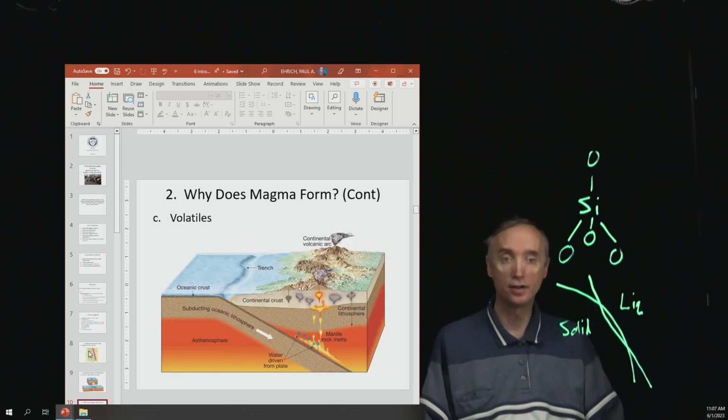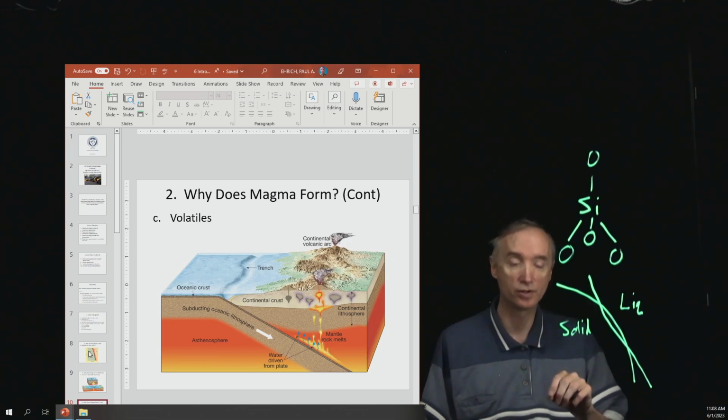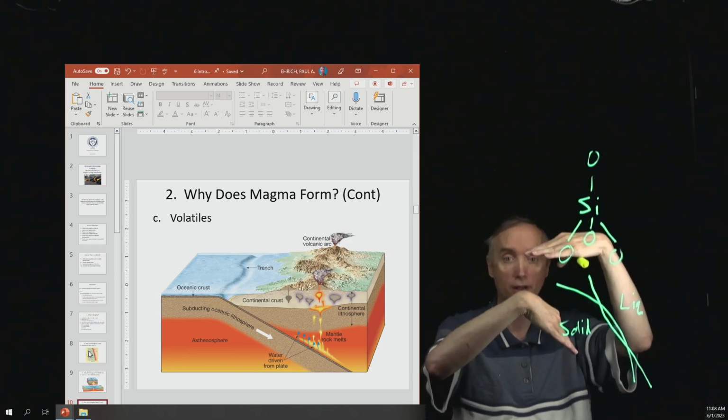Okay, then you've got volatiles. If rocks have water in them, they are going to be more likely to melt. And so the rocks in a subduction zone, if you recall, a subduction zone is where one plate goes underneath the other plate.